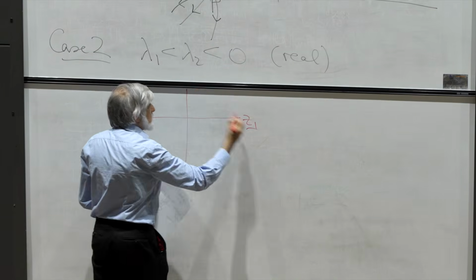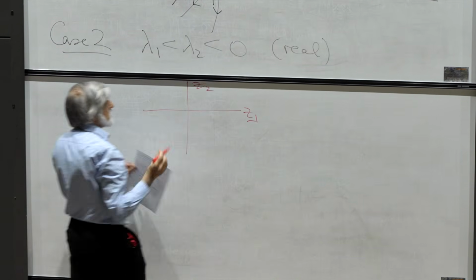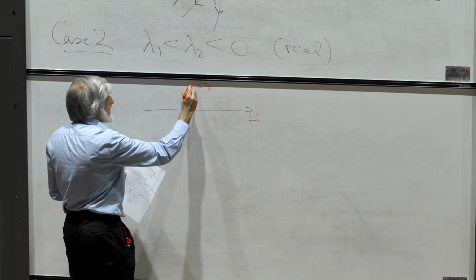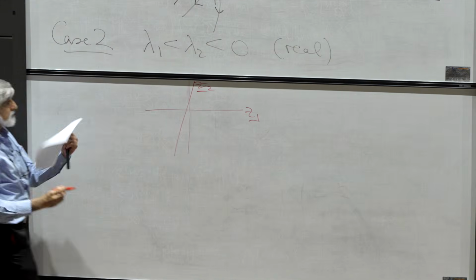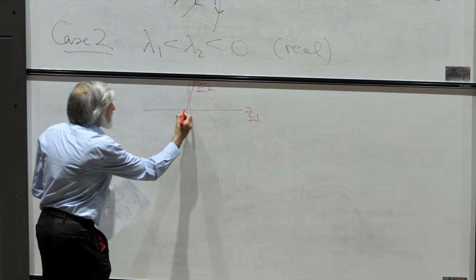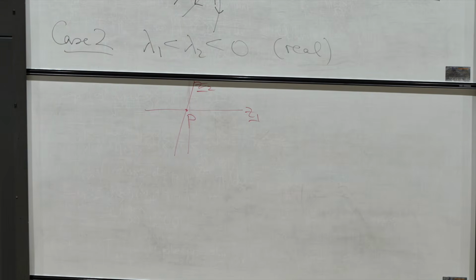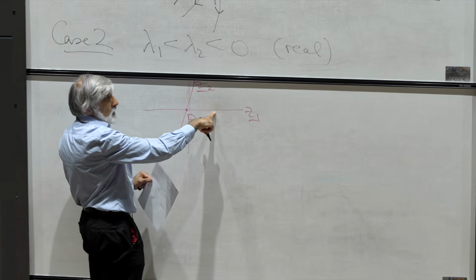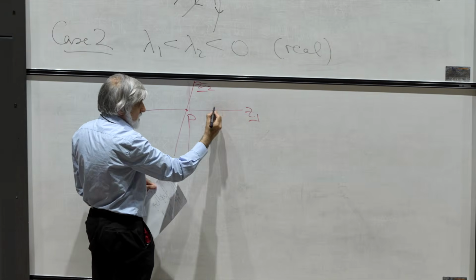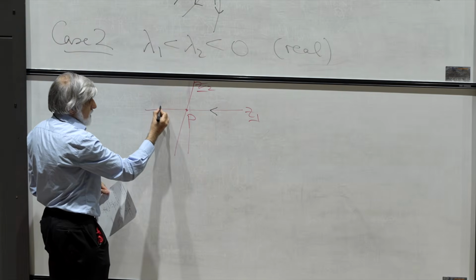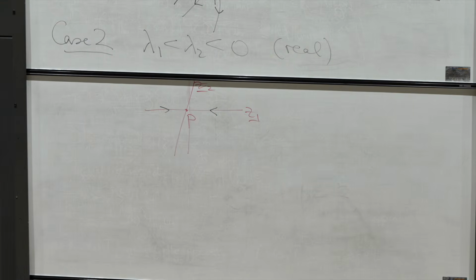Z1, Z2, oops, not necessarily perpendicular to each other, and there's my steady state, critical point P. Similar sort of arguments, but with the arrows reversed. So if I start off here, I've got C2 equal to 0, so everything's Z1, but it's decreasing. Here, it'll go in that direction. Okay?